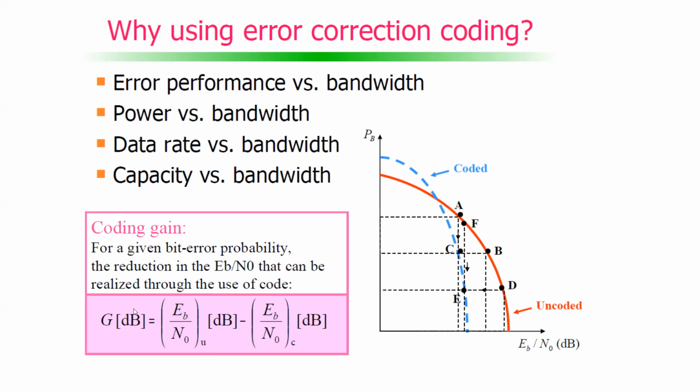Clearly, from this graph it is clear that for uncoded signals, the signal to noise ratio requirement is more as compared to the coded signal. So we will achieve a coding gain, which is the difference of the two signal to noise ratios, the uncoded signal and the coded signal, right?